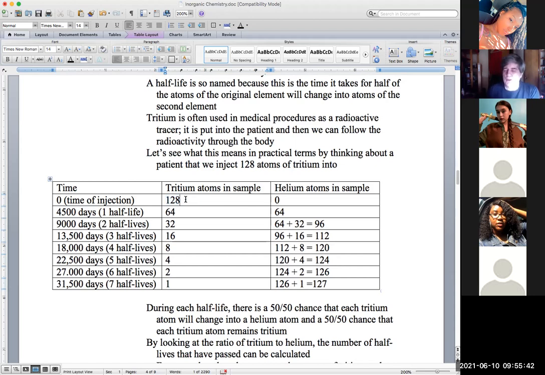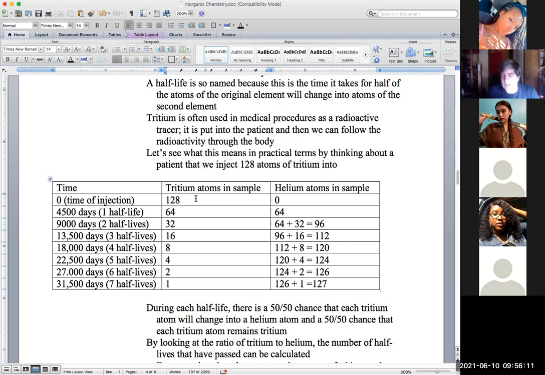So let's suppose that we inject a patient with 128 atoms of tritium and there's no helium in this sample. After one half-life, after 4,500 days, half of our tritium atoms change into helium atoms. Now notice, it's not necessarily exactly half, and the reason it's not necessarily exactly half, think of this like tossing a coin.